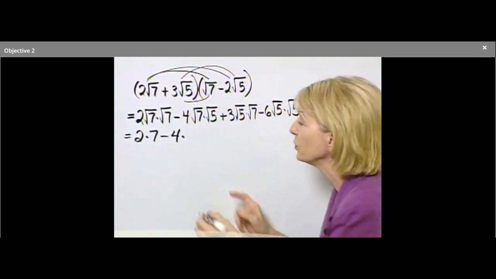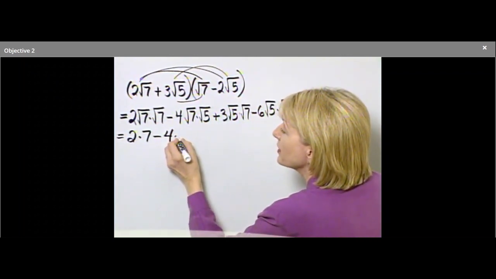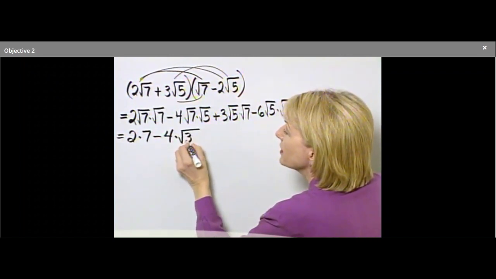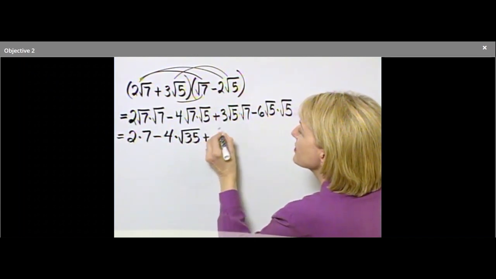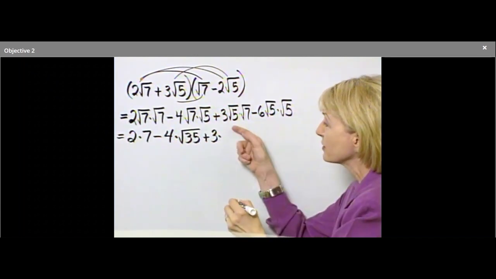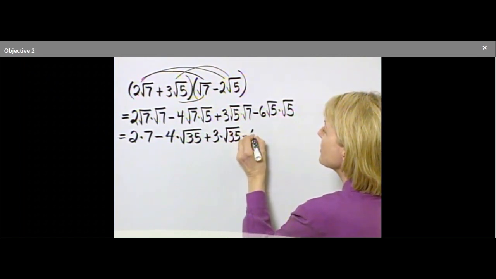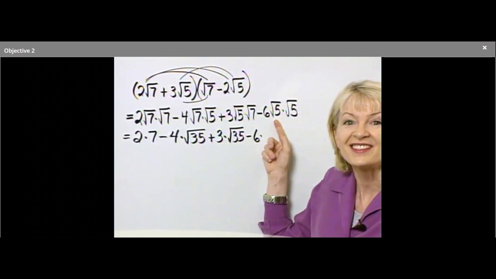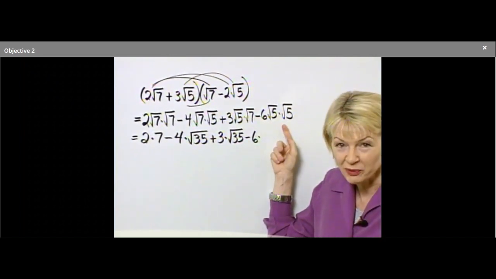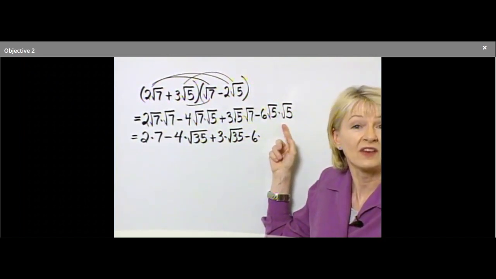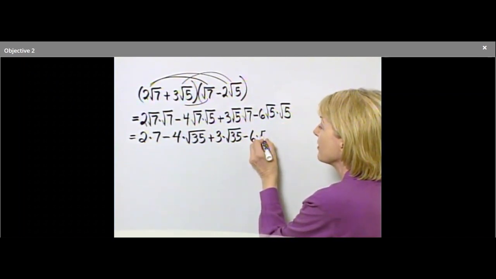By the product rule, this is the square root of 35 plus 3 times the square root of 35. And then minus 6 times, what is the square root of 5 times the square root of 5? It is 5, just 5.